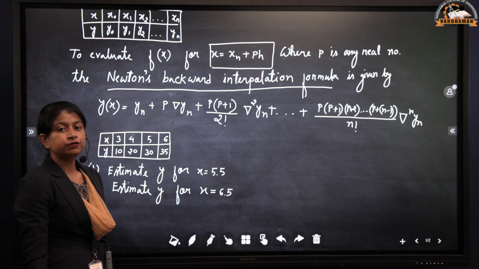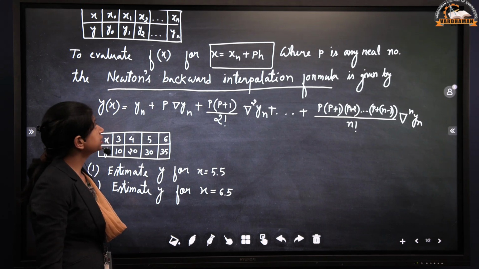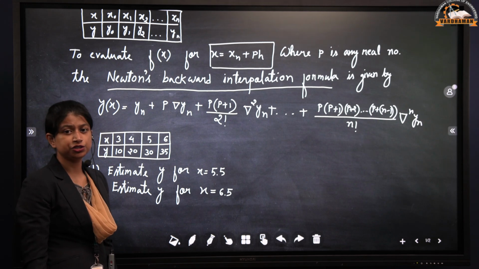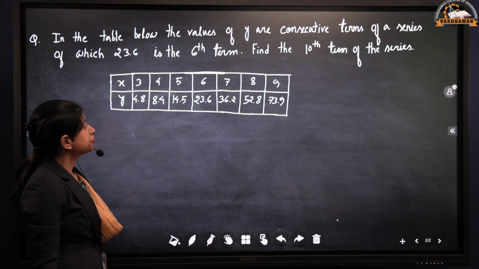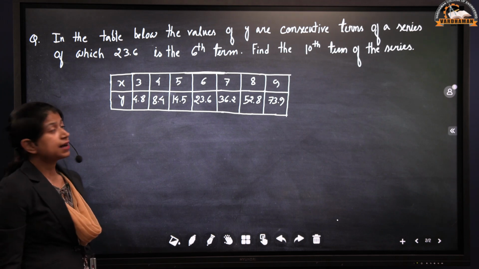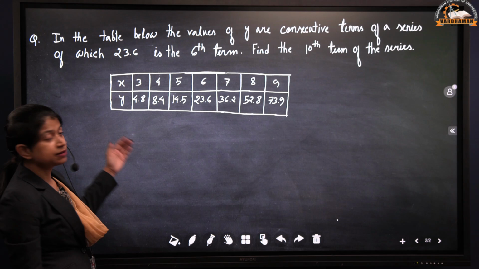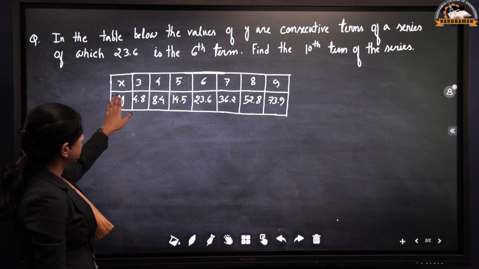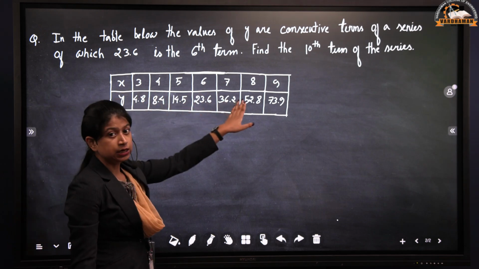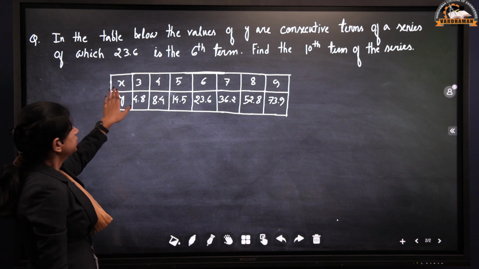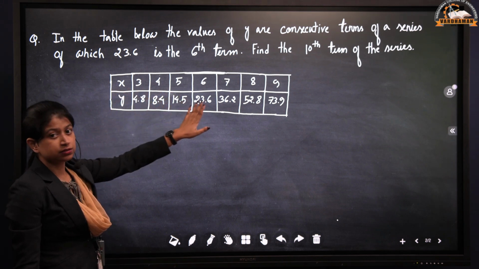Now let us solve a few problems using this Newton's backward interpolation formula. Let us solve this first problem, where it is given that 23.6 is the sixth term and a table is given. First you check whether these x values are equispaced or not. These x values are equispaced, right?